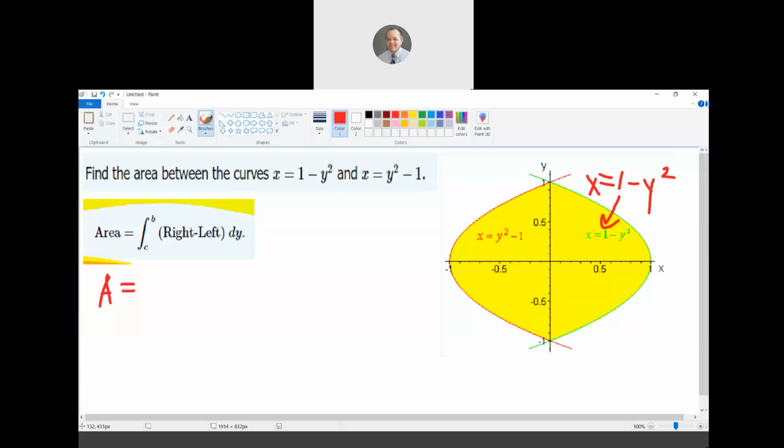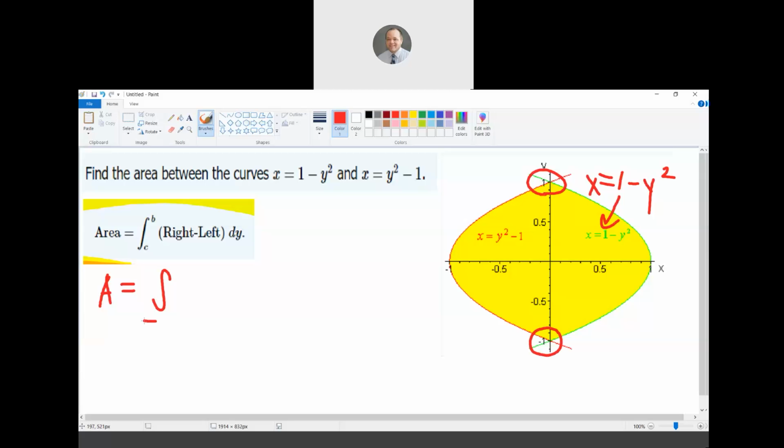According to our graph, anytime your curves or functions are in terms of y, then you look to the y-axis for your limits of integration. So we don't use the x's, we instead see where y starts and where y ends.